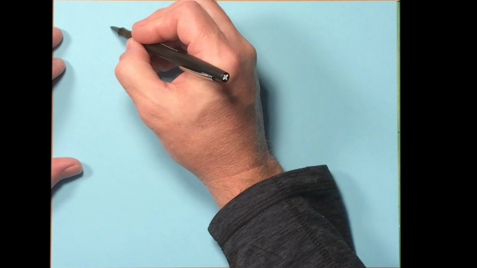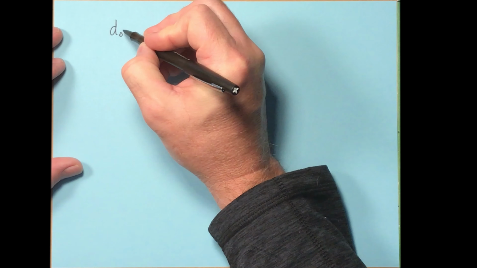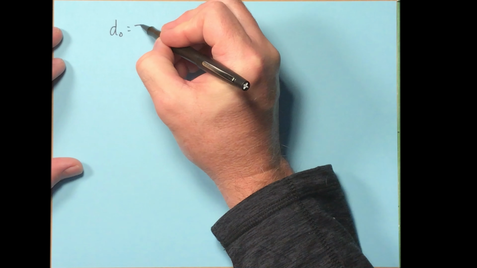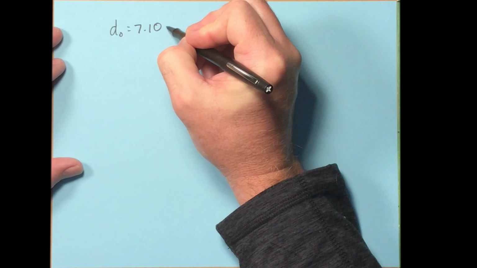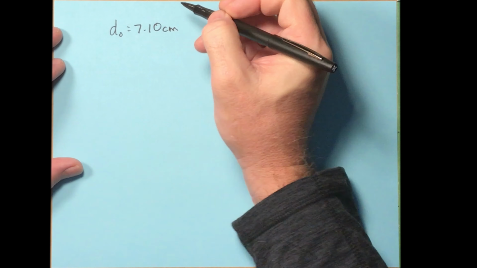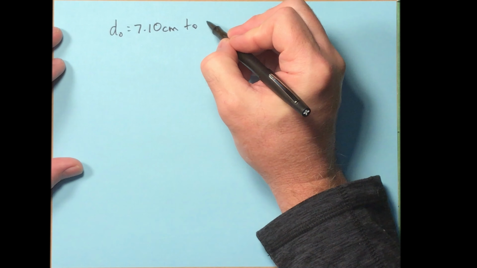Now, it is possible for a lens to create a virtual image. Okay, for example, let's say that we have an object that is 7.10 centimeters to the left.